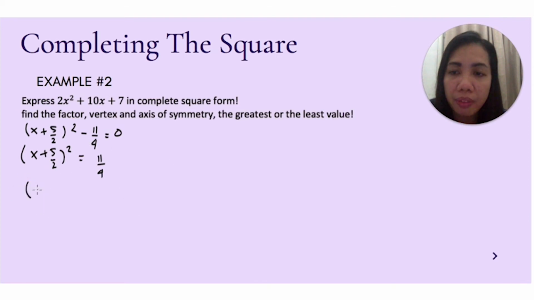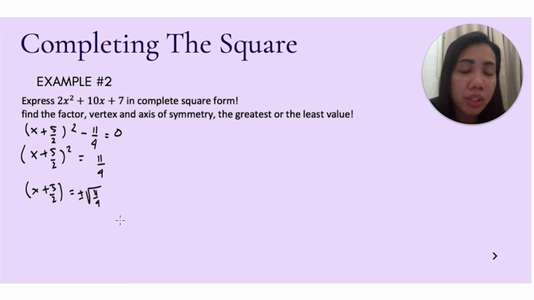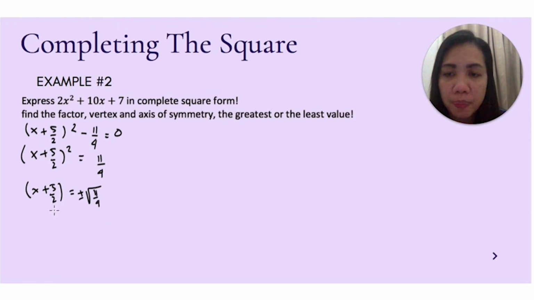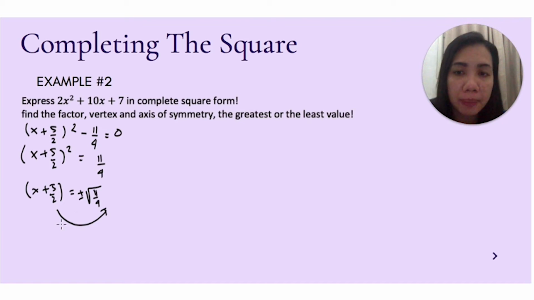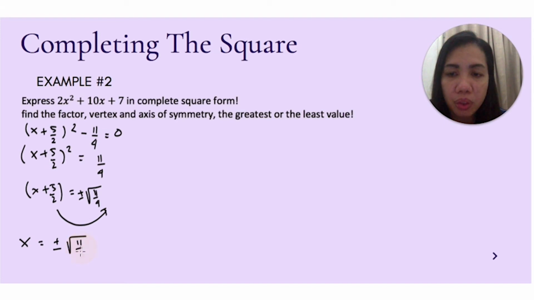So in here we have x plus 5 on 2 equals the square root of 11 on 4. And remember, if we take the square root, the result is positive or negative. Okay, the next thing, we just need to move this 5 on 2 to the other side, because the thing that we want is x equals to what? x equals positive minus the square root of 11 on 4, minus 5 on 2.